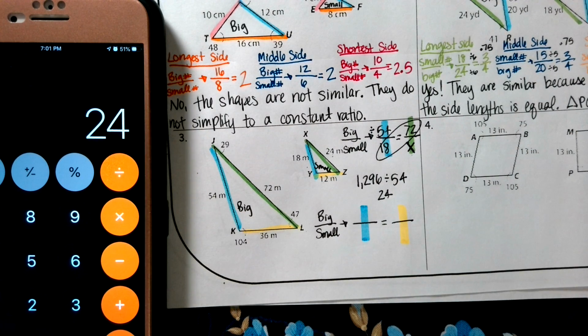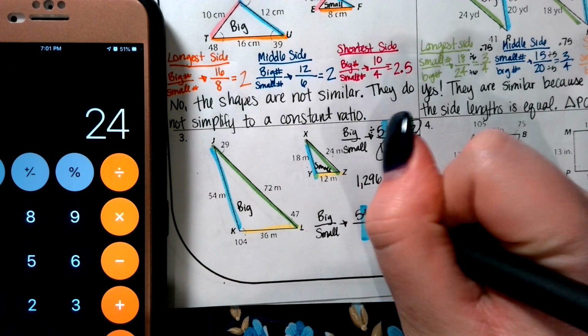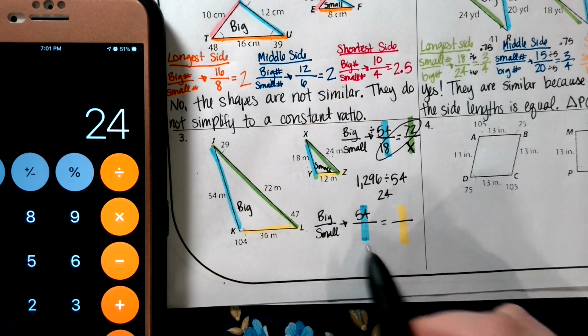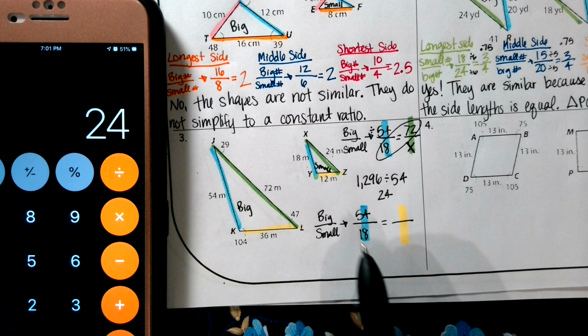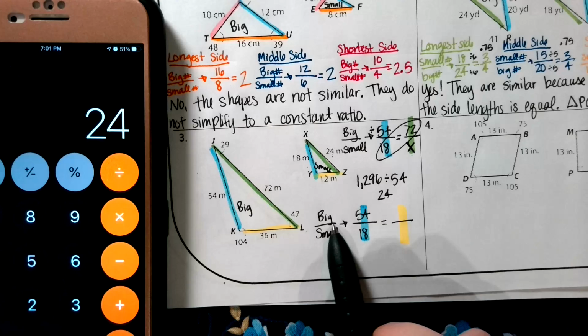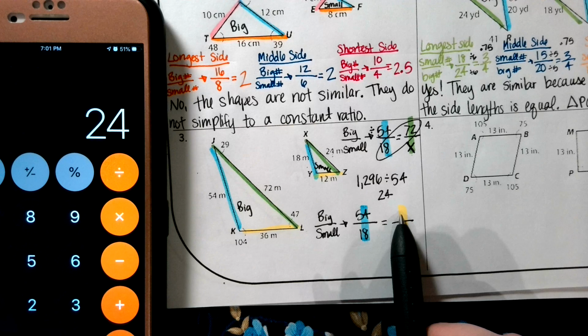What was our big blue side? 54. The small blue side was 18. Our big yellow side, let's do our big yellow side as X this time. And then our small yellow side was 12.